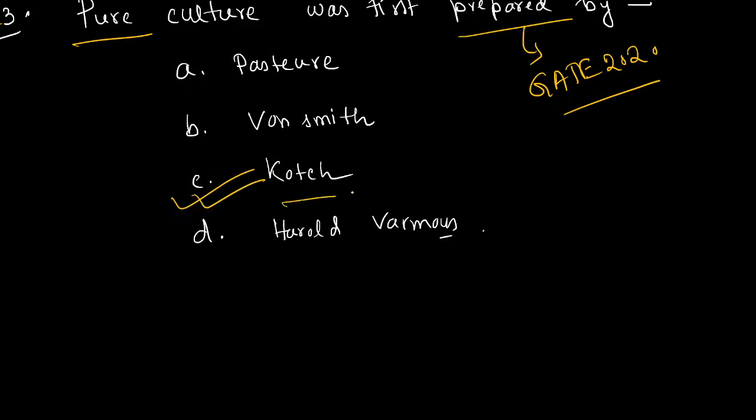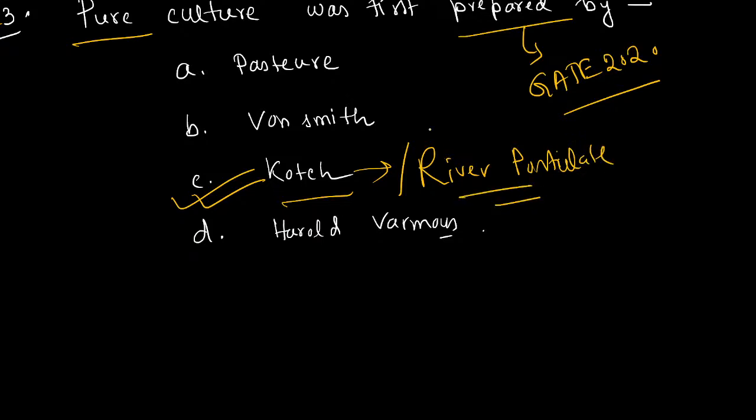There is Koch postulate. Please read it once. They will give you four options, then they may ask what does not belong to the Koch postulate. And there is something like river postulate. Please just look once at Koch postulate and river postulate.